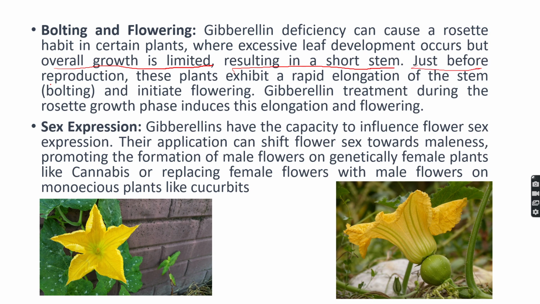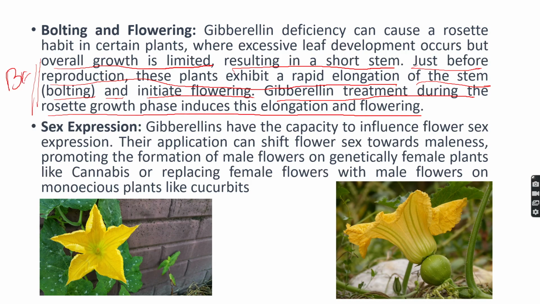Just before reproduction, these plants exhibit rapid elongation of the stem, that is bolting, and initiate flowering. Gibberellin treatment during the rosette growth phase induces the elongation of the flowering stem. This kind of nature we can see in biennial plants such as the brassica family.